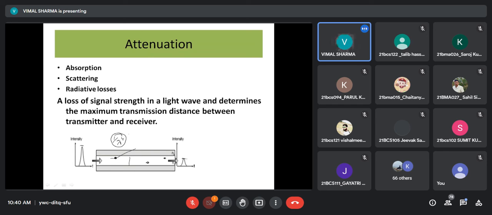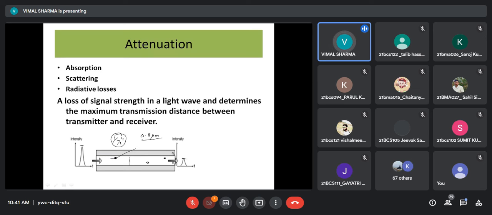Below 0.8 micrometer, there will be a lot of Rayleigh scattering. So this is the limit which we can send. Any wavelength below 800 nanometer is unsuitable for optical fiber because Rayleigh scattering attenuation is too high.